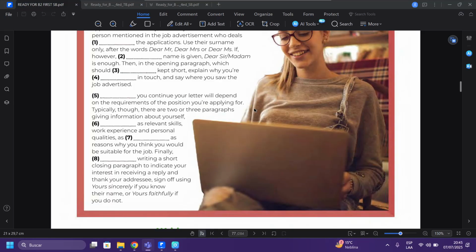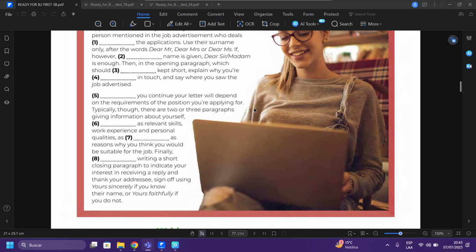How you continue your letter will depend on the requirements of the position. Number 6, give information about yourself, and we have such as relevant skills, work experience, and personal qualities.